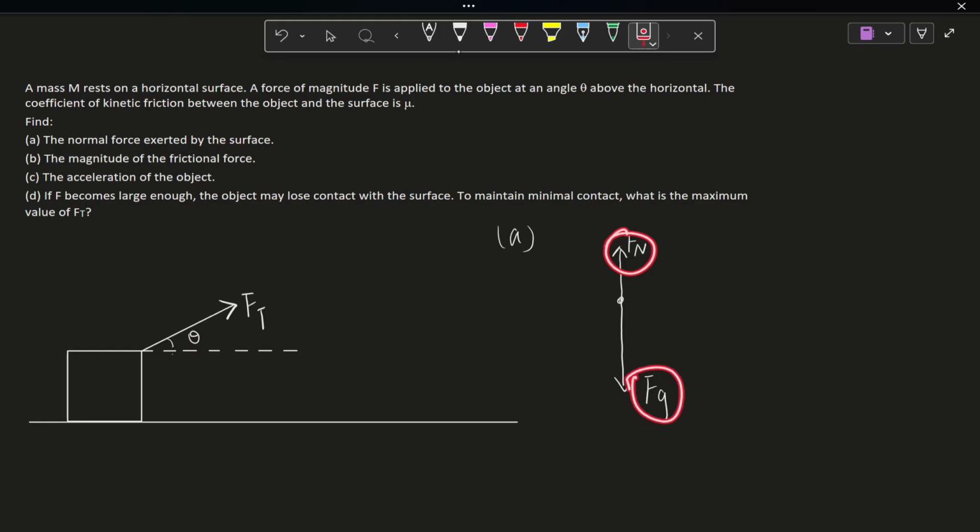You will figure it out after I explain it to you, but don't worry about it right now. There's an Ft that pulls the object in that direction, creating an angle theta above the ground. So we should also draw the Ft on the graph. I would say this is Ft.